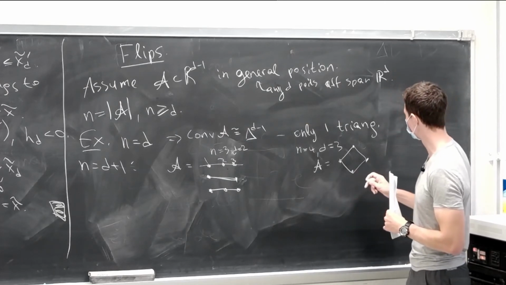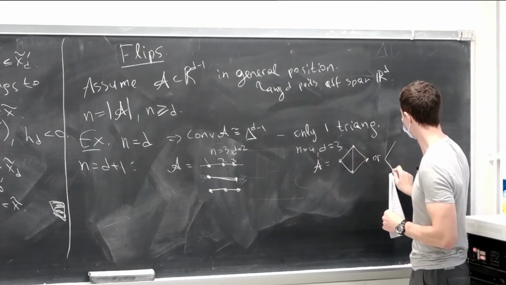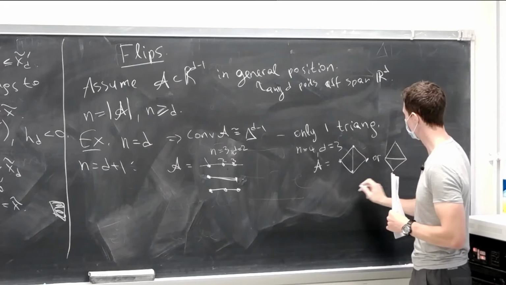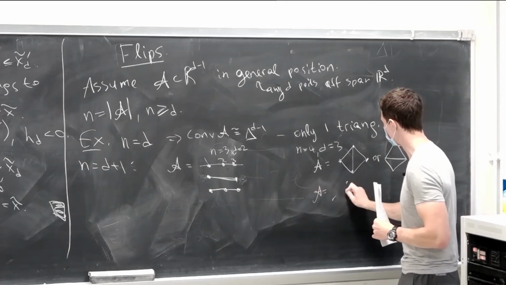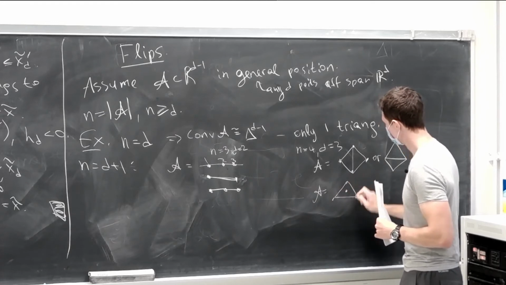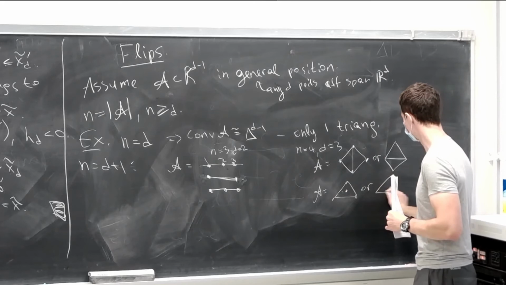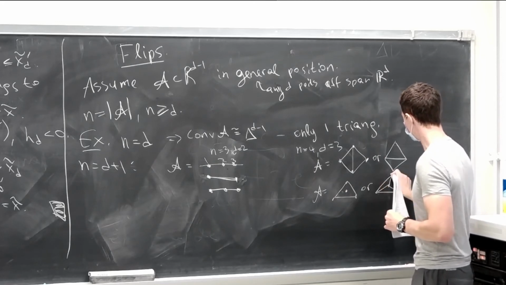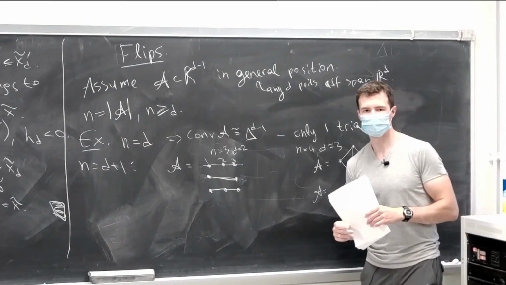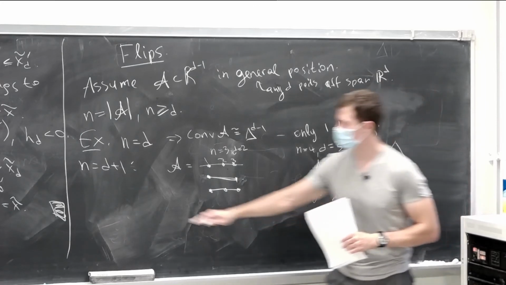Also 2 triangulations. So here you can have this or this, and also, well, there are sort of 2 different options for A. If A looks like this, then you also get 2 triangulations. All right. Is that true in general, that you always get exactly 2 triangulations for this case?